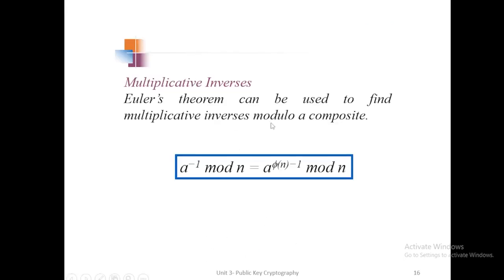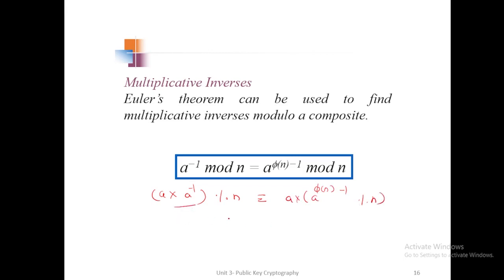In this theorem also we are able to find the multiplicative inverse. So the formula is a power minus 1 mod n, that can be calculated as a power phi of n minus 1 mod n. Like Fermat's theorem, we should multiply a at both ends. So it can be rewritten as a into a inverse mod n, that should be equivalent to a into a power phi of n minus 1 mod n.